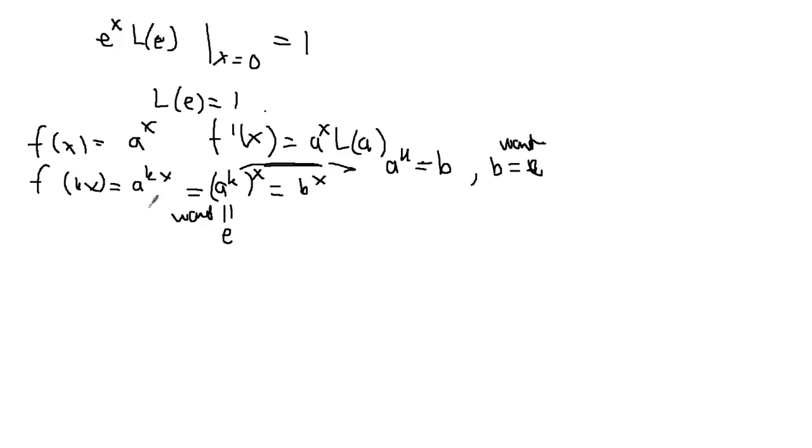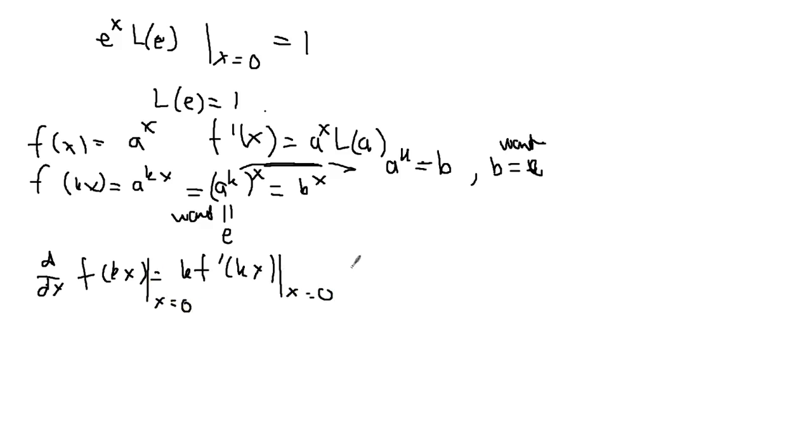So now what if you take the derivative of it? I hope you know the chain rule. The derivative of this is just equal to k f prime of kx, right? And obviously we want our slope at x equals 0. So at x equals 0, we'll have k f prime of 0, right?